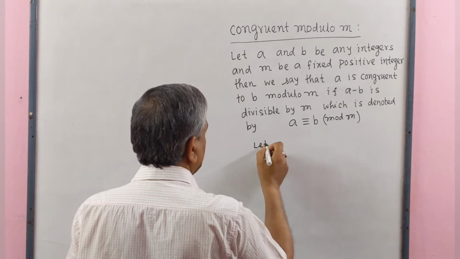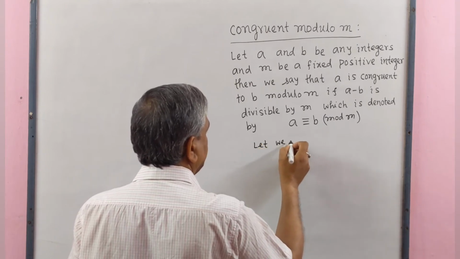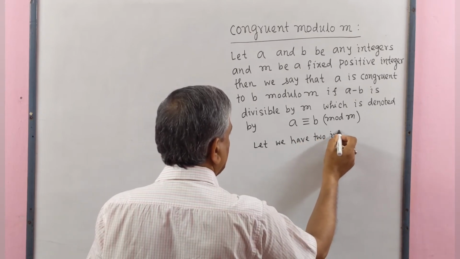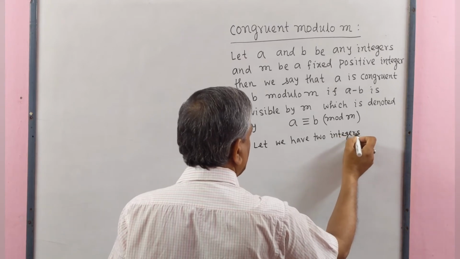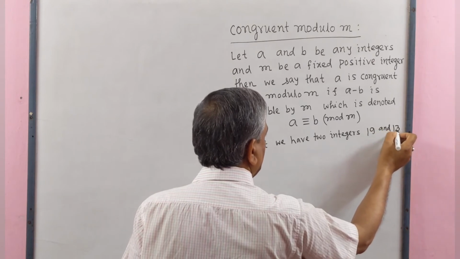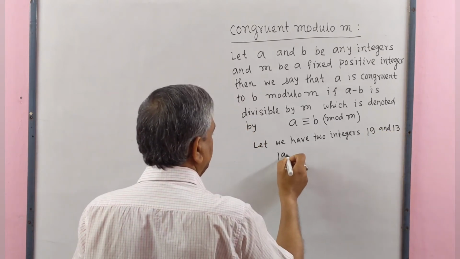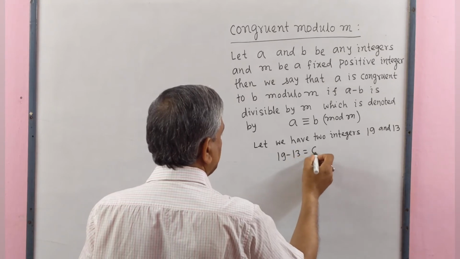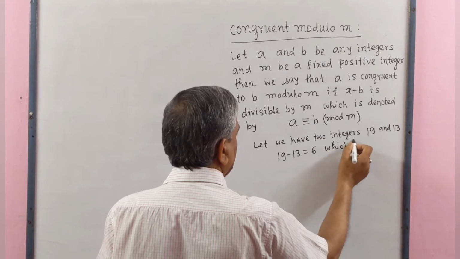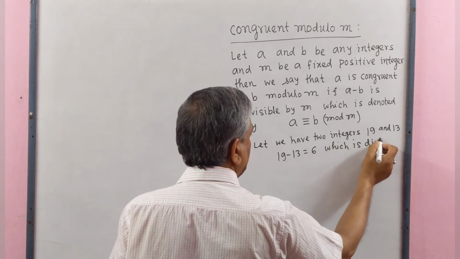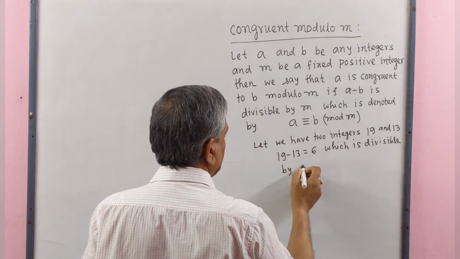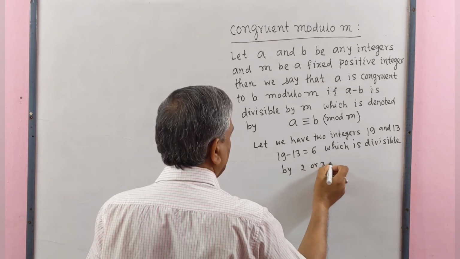Let we have two integers, 19 and 13. 19 minus 13 equal to 6, which is divisible by 2 or 3 or 6.